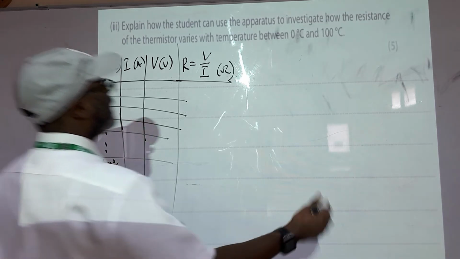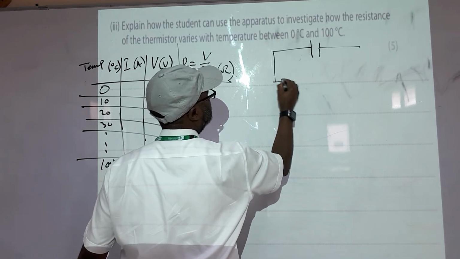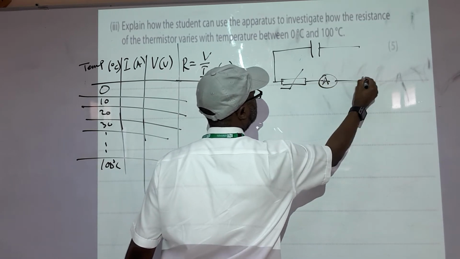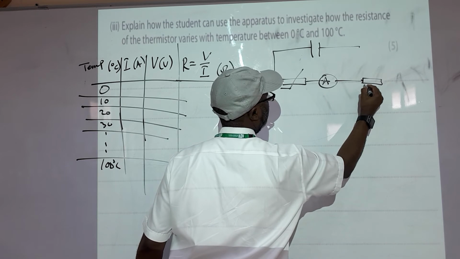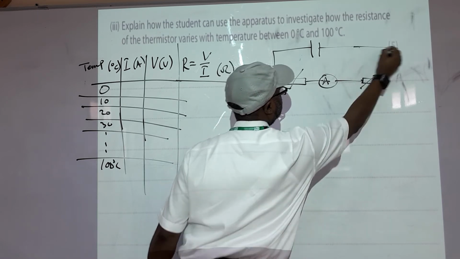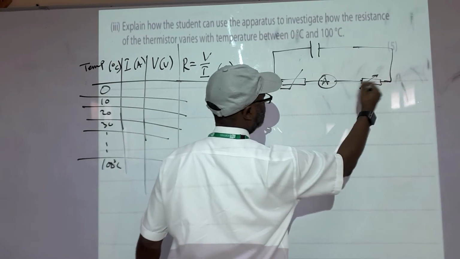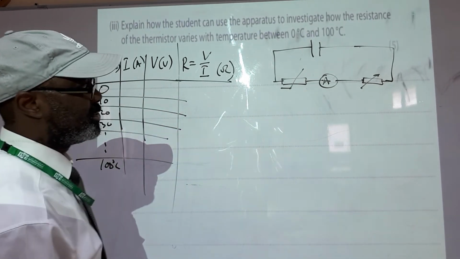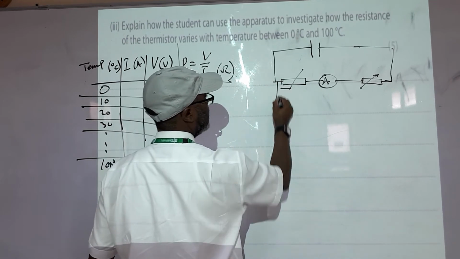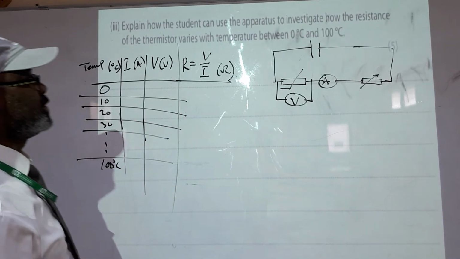If you remember our diagram that we drew before, that is our thermistor, that is our ammeter, that is our variable voltage, which is represented as a variable resistor, because by the time you do that, you're actually having a variable voltage supply or anything at all that will change it. So you then have your voltmeter across the thermistor that way.